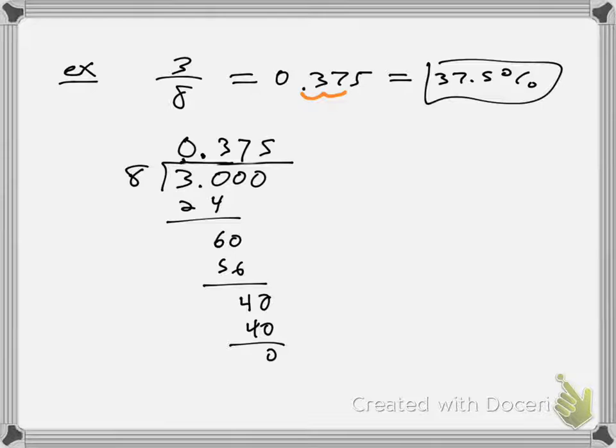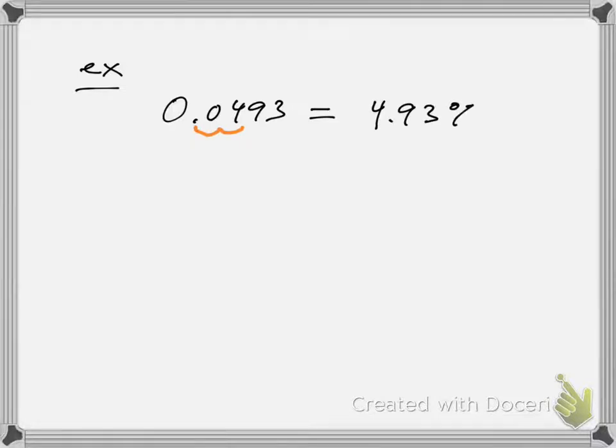Now, I could also give you a straight decimal, like 0.0493, and say write that as a percent. Well, you just move the decimal point 2 to the right, and you get 4.93%.